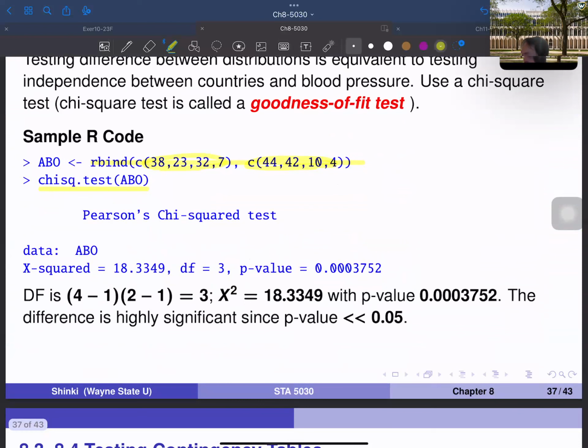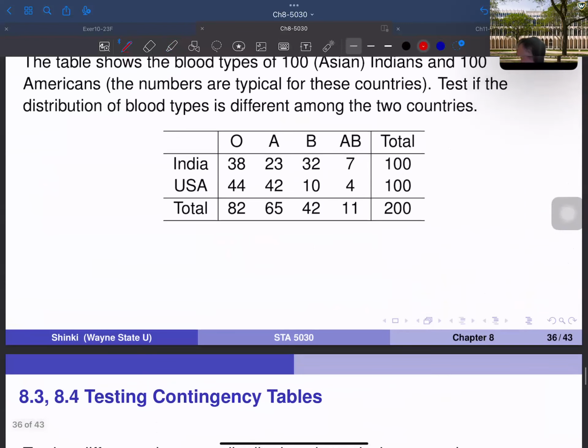Here the df is 3. Why? Because we have a 4 by 2 table, which means (4 minus 1) times (2 minus 1), so that is 3 degrees of freedom. Why minus 1? Let me explain a little. Given the marginal distribution, we only have 3 degrees of freedom.